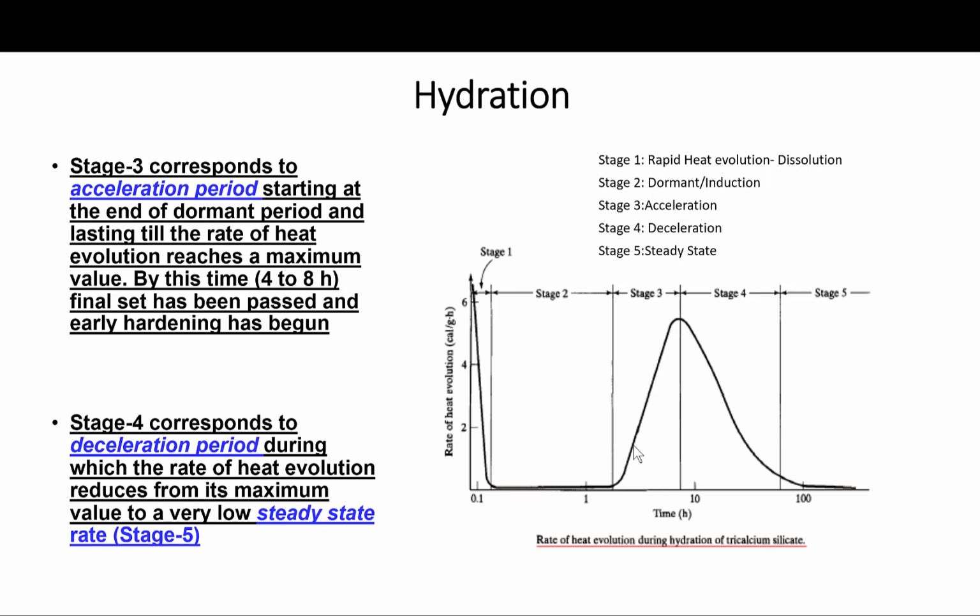After that, the rate of reaction again slows down, as you can see in stage 4, until it reaches a steady state stage, which is stage 5 right here, within about 18 to 36 hours.